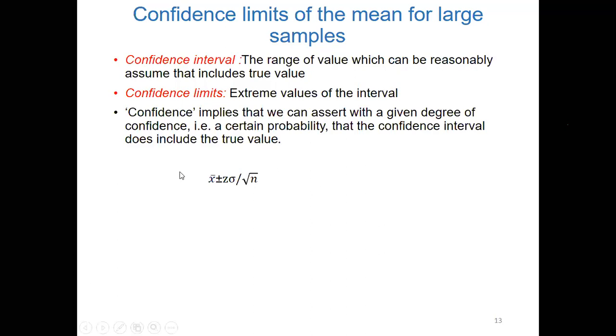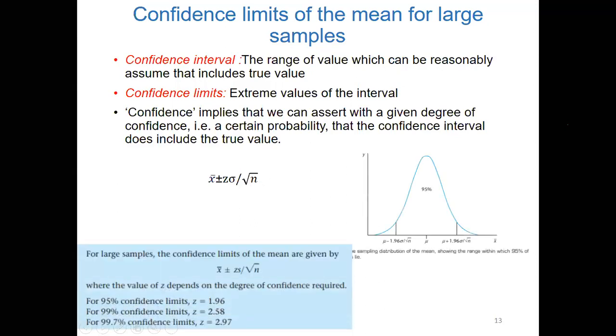Before that, this is how we calculate the confidence limit. x bar is the sample mean plus or minus z times sigma, the standard deviation, over the square root of n. Okay, this should be corrected. I think this is not correct.